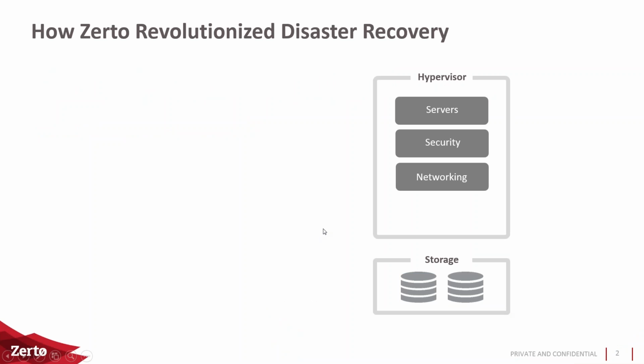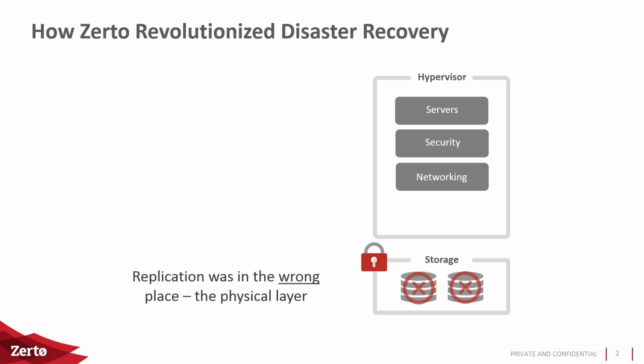So how did Zerto revolutionize disaster recovery? In case anyone's new here, one thing that Zerto recognized is that replication was really in the wrong place. You had this great virtualization strategy for your servers, the network was starting to pick up steam and get virtualized as well, and then you had this physical replication device. That was really undermining your investment in virtualization.